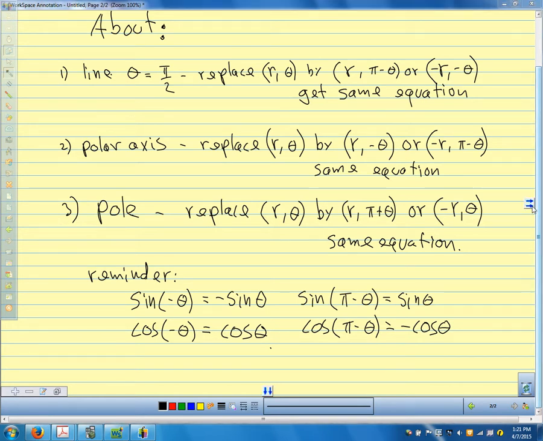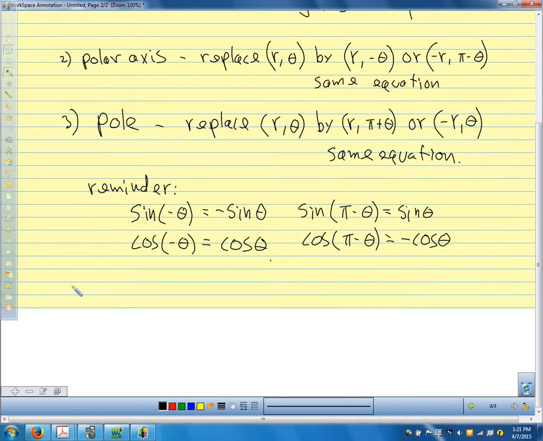But luckily there's a shortcut that we can use most of the time. So we have to remember all of this stuff, but there's a shortcut that we can use most of the time. The shortcut is if we have r equals some function of the sine of theta.